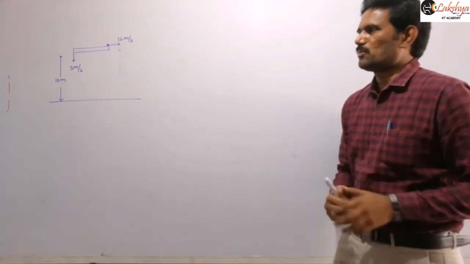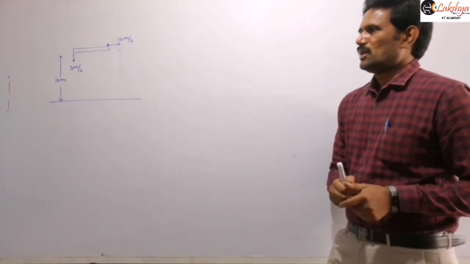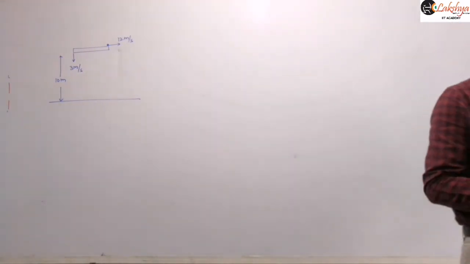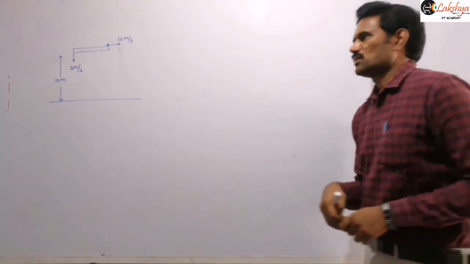So write the total problem there. A platform is moving downwards with uniform velocity 3 meter per second.